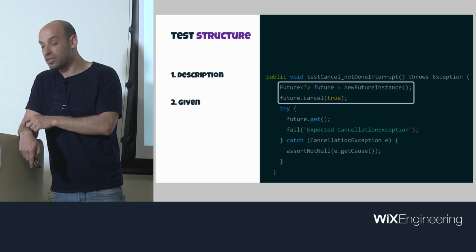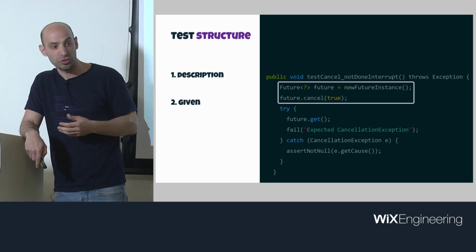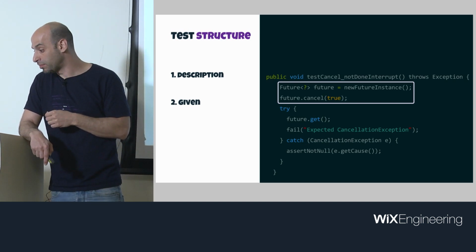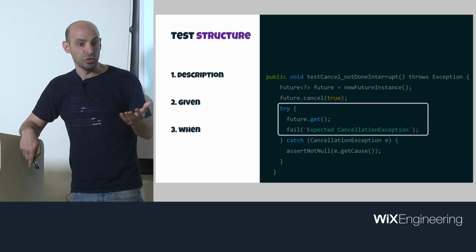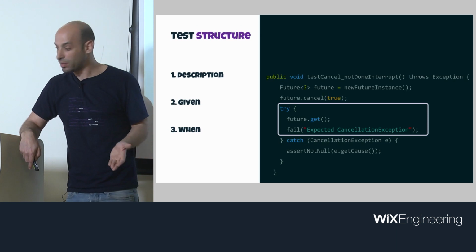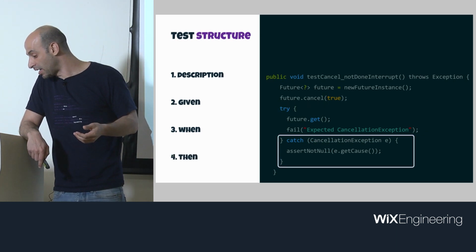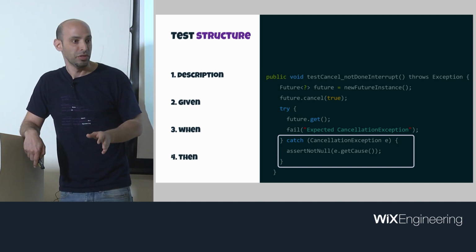The second part is the given part. This is where you do the test setup. You define a new future instance, and then you set it to be canceled. The when part is the action that you're doing in the test. This is future.get. And the then is where you validate that the exception is thrown.